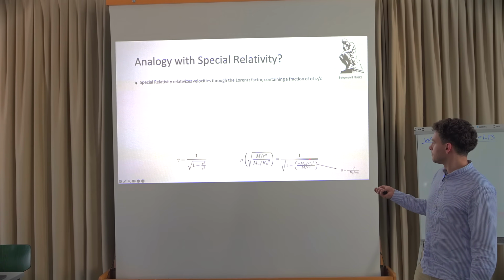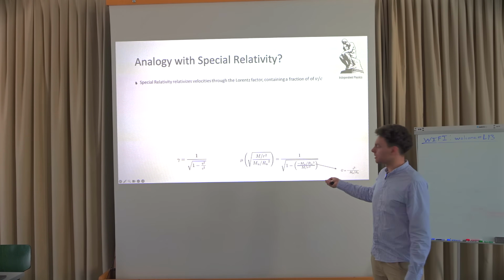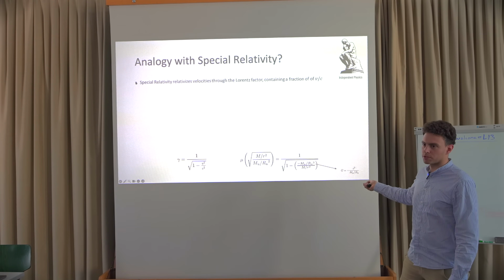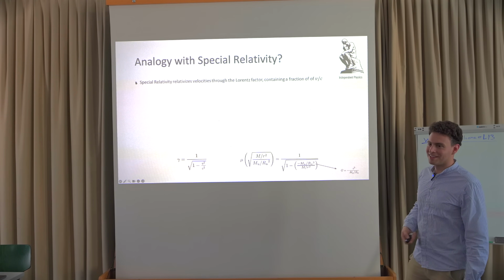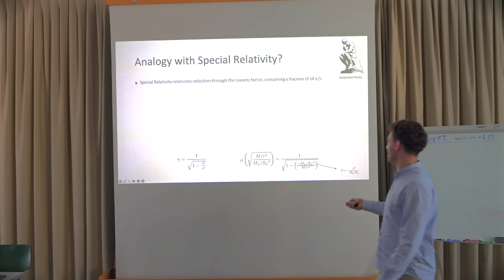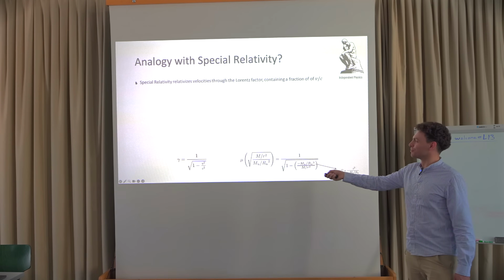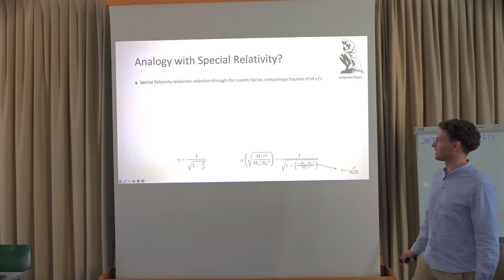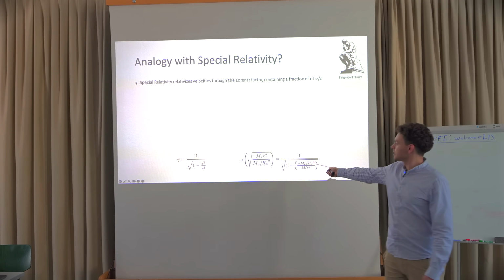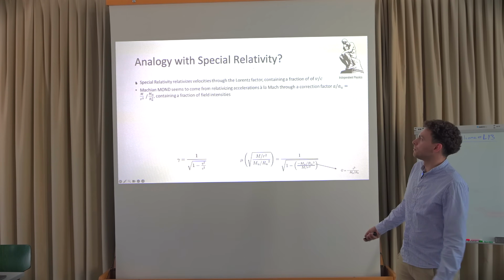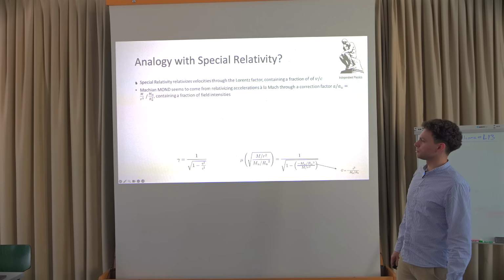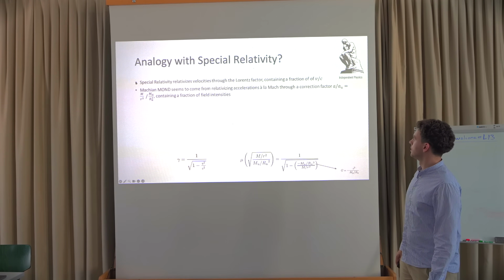MOND is very similar. There's a plus here, but if you take the minus, which we are always missing here, I think, then you can rewrite it. If you don't miss it, it looks much more like a Lorentz correction factor. But because you have field intensities here, which are basically accelerations also, it looks like Mach and MOND comes from relativizing accelerations in terms of Mach's principle.